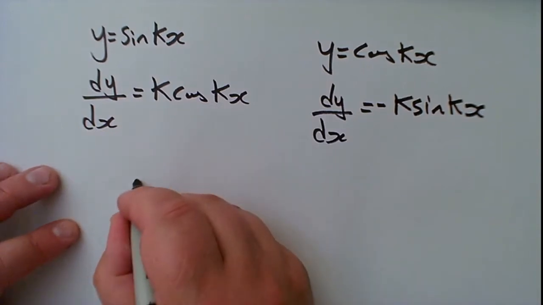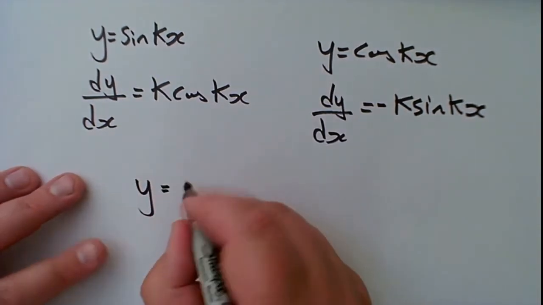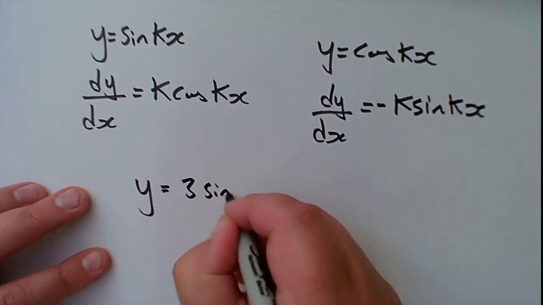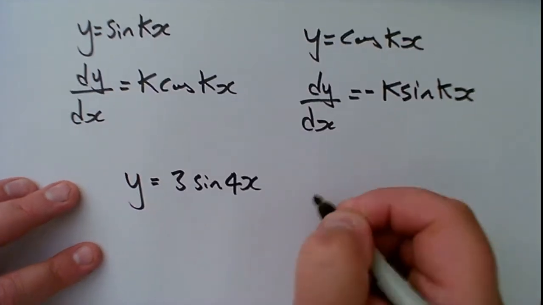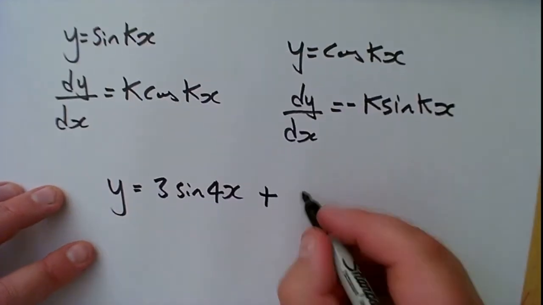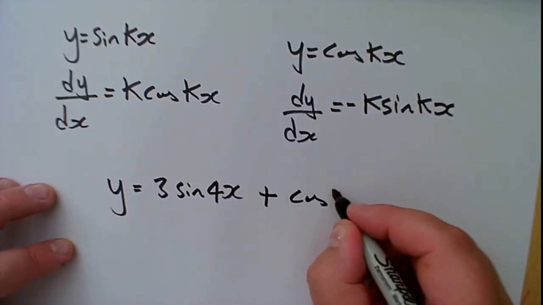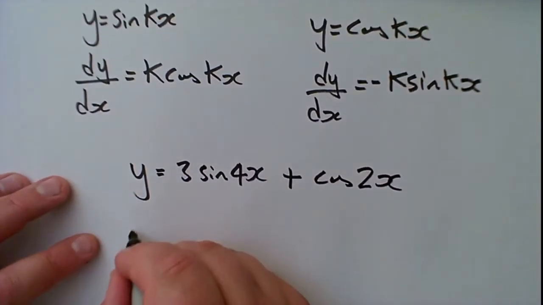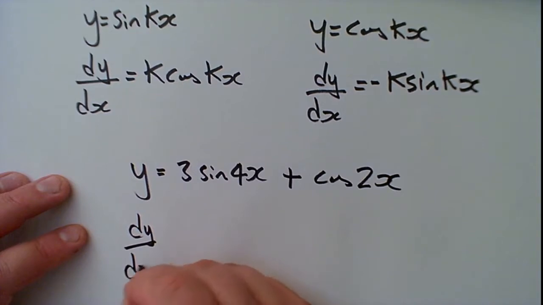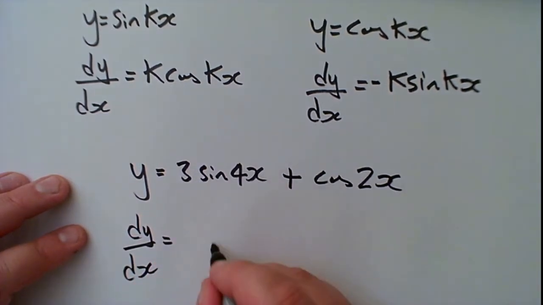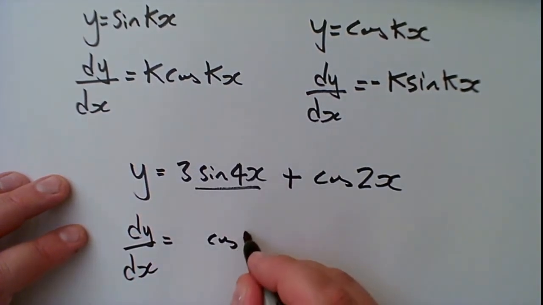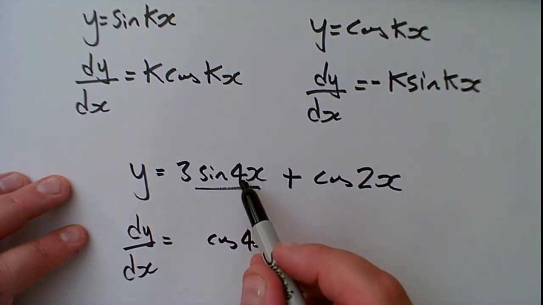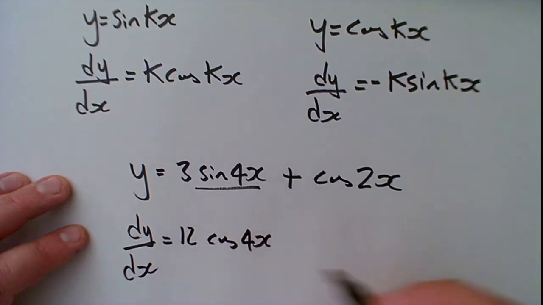So if you had something like, let's just make something up, y equals 3 sin 4x plus, let's go for cos 2x, we could differentiate all of that fairly quickly. dy by dx would be equal to, the sin is cos, so it's cos 4x, and we do have the 3 there, but we also have a 4, so it's 3 times 4, which is 12.